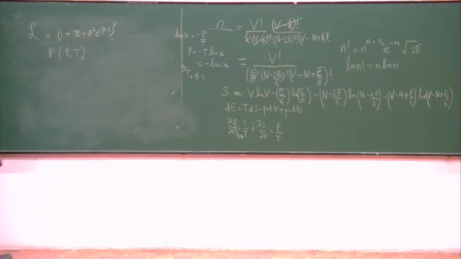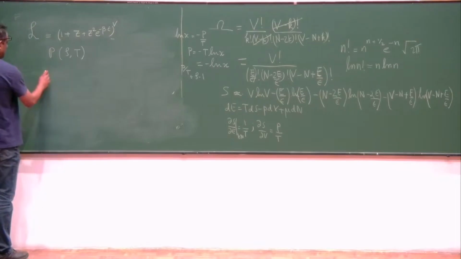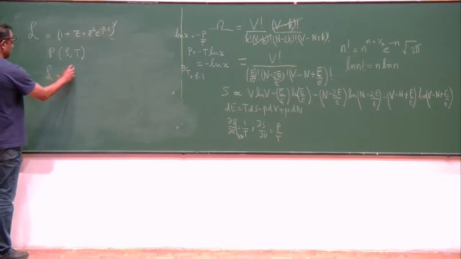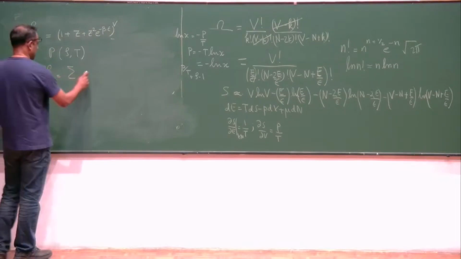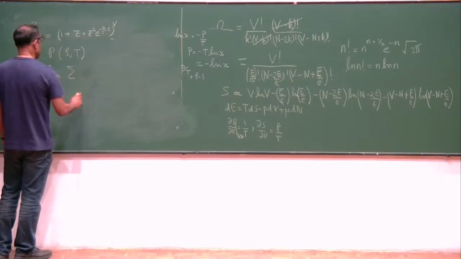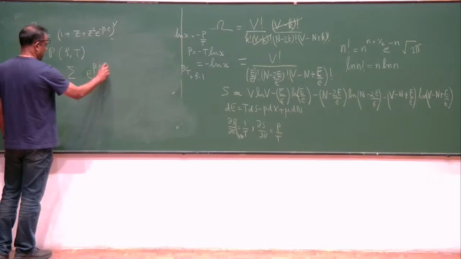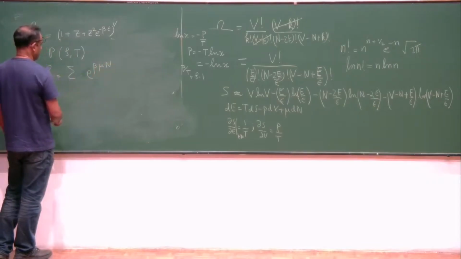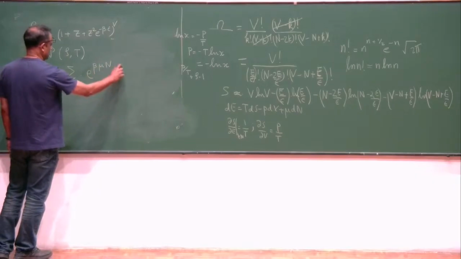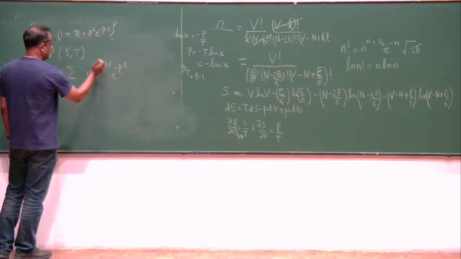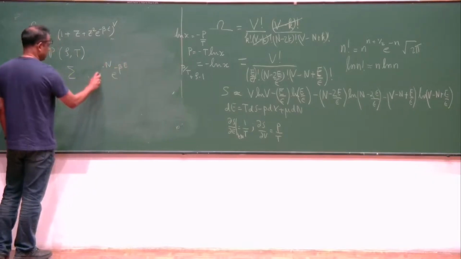Remember, your L was the summation over all configurations of e to the power beta mu n, e to the power minus beta E. This I wrote as Z to the power n.